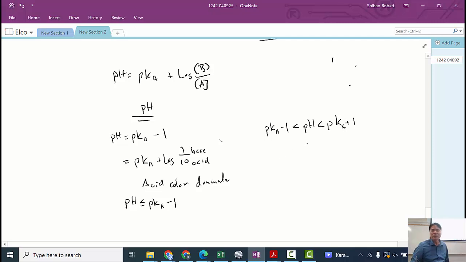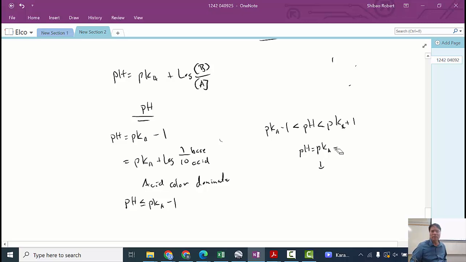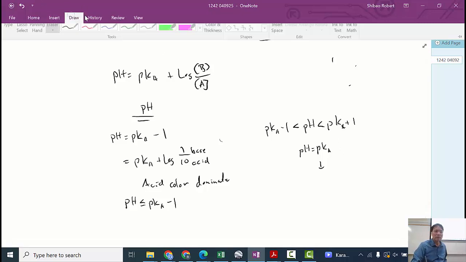For example, if pH is equal to pKa, that's the half equivalence point that we saw in the titration, and it means we have a 1-to-1 mix of acid and base.